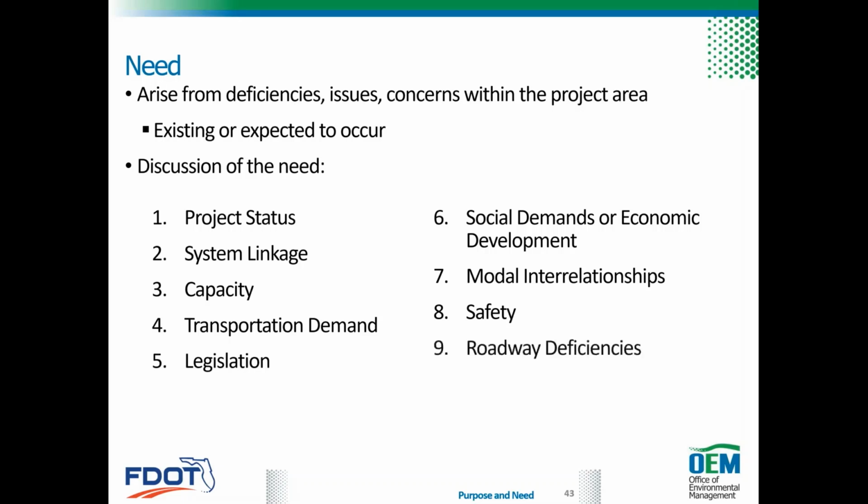And then lastly, at least on this list, the roadway deficiencies. And in this case, we can incorporate discussion of substandard geometrics, load limits on structures, and in the case of a bridge replacement project, inadequate typical sections, poor pavement conditions, drainage conditions, and inadequate CIS roadway design standards.